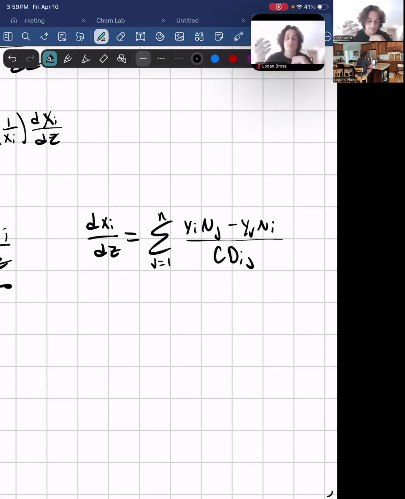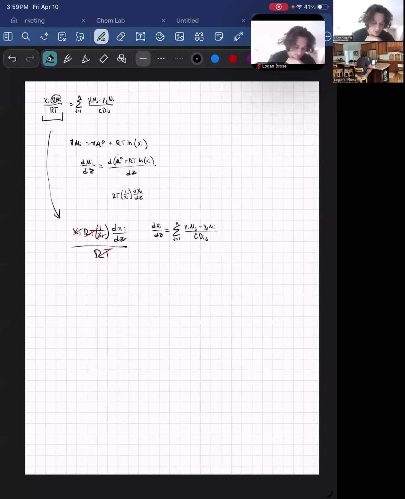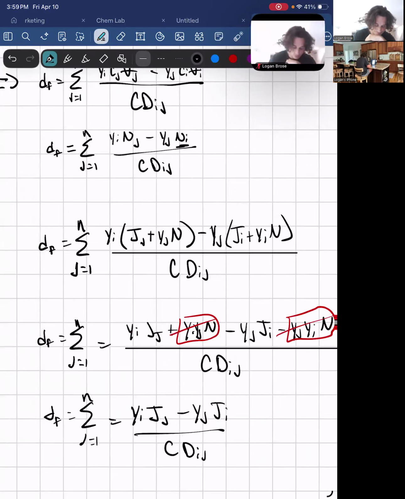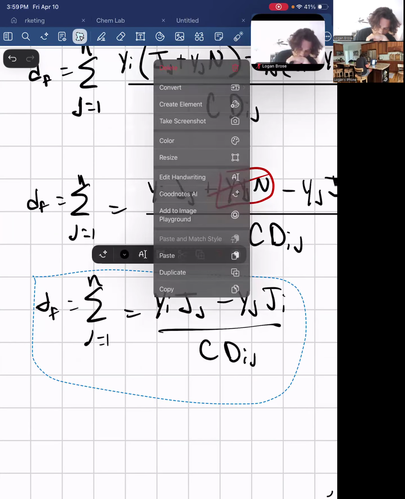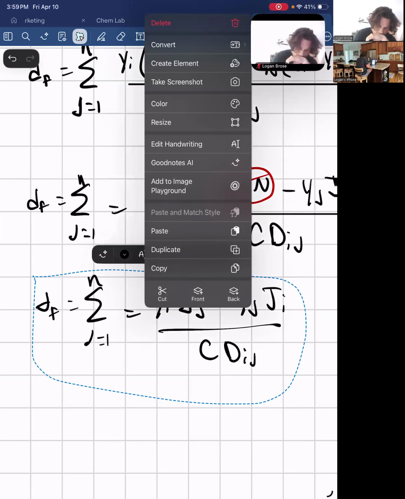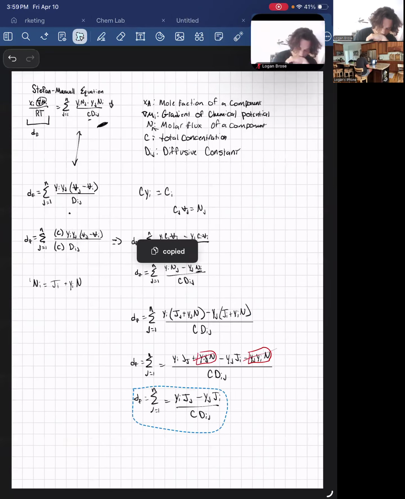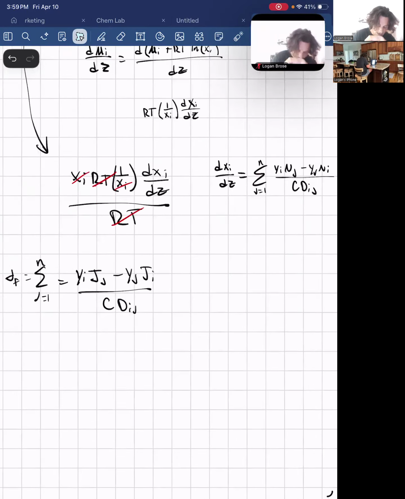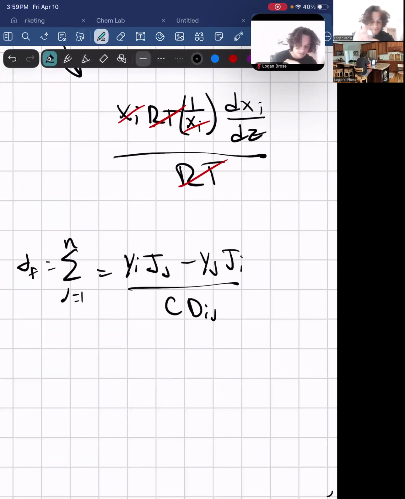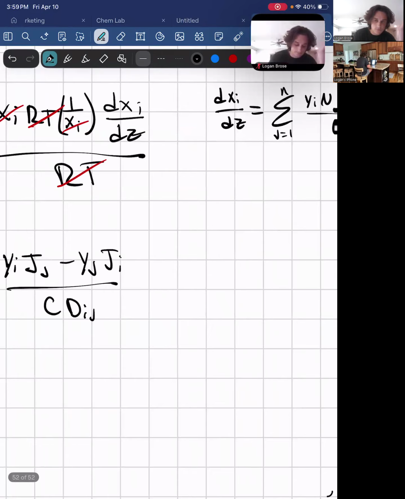And so when we move off of this, if we go back to this equation here, we can take this. So if we're looking at this here, what do we know about molar components?